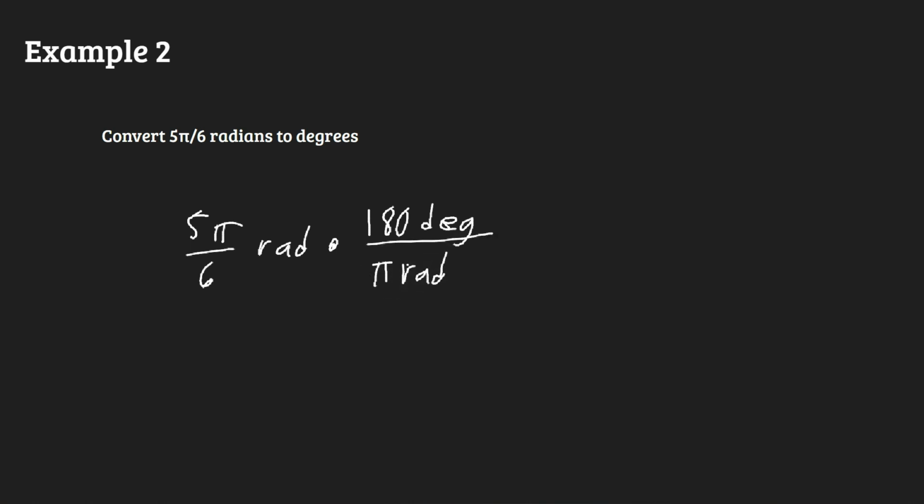And this is just so we can cancel out those radians, and we're left with an answer in degrees. So 5 pi times 180, that's going to be equal to 900 pi. And then 6 times pi, which is going to be the denominator here, it's just going to be equal to 6 pi. So then we're just going to cancel out those pi's, and then we're left with 900 divided by 6, which is 150. So we'll have 150 degrees as our answer here.